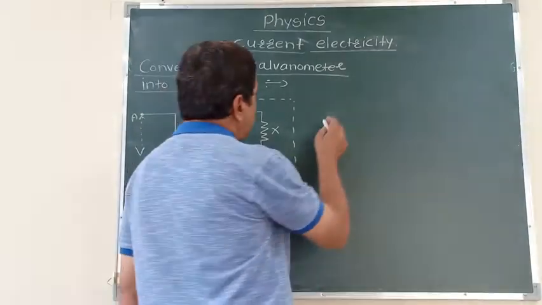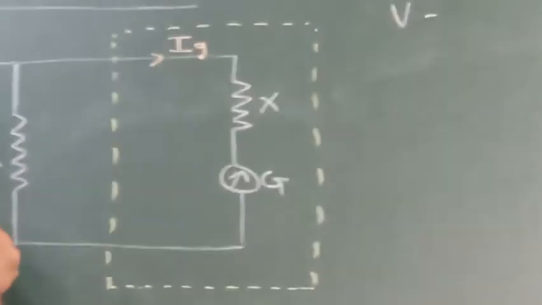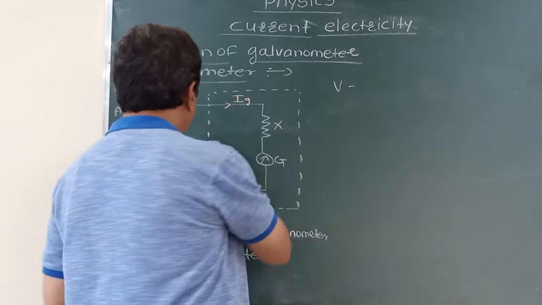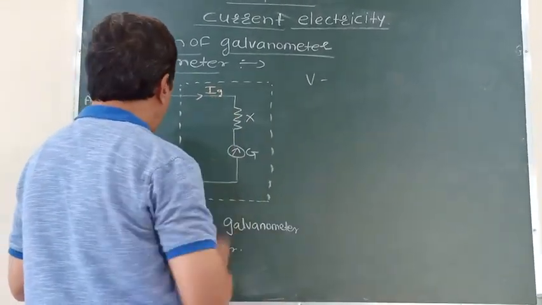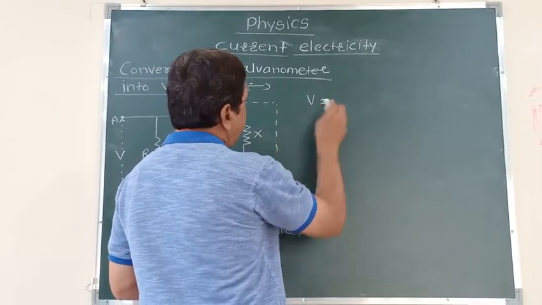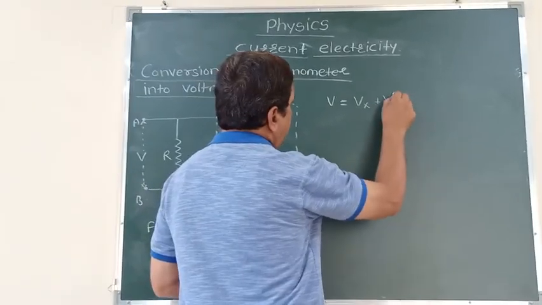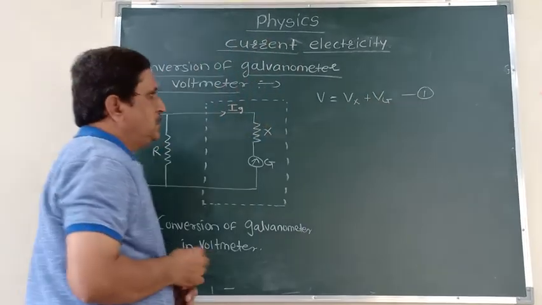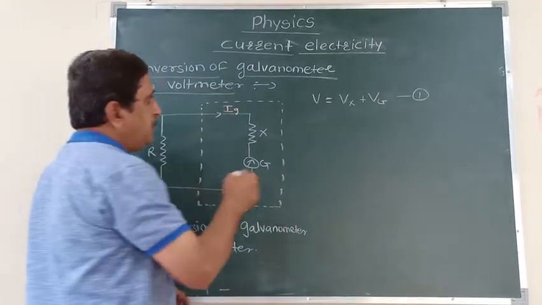Now from this figure, if capital V is the total potential difference that we are going to measure with the help of the voltmeter, and Ig is the current flowing through the galvanometer, then the total potential difference is nothing but the potential difference across the resistor X plus the potential difference across the galvanometer.